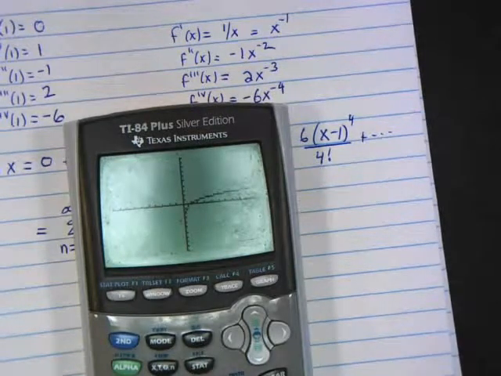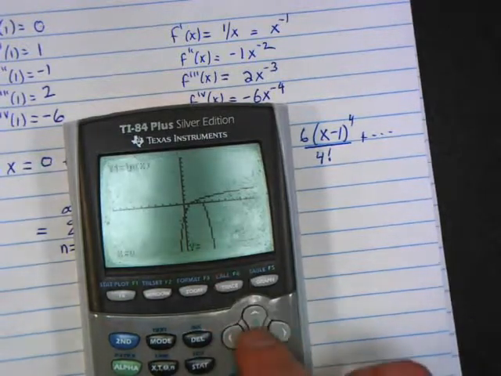So there's ln x. There's my polynomial. Does it look like ln x? For that period of time between 1 and 4, it's alright. It looks pretty good. Let's zoom in a little bit here.